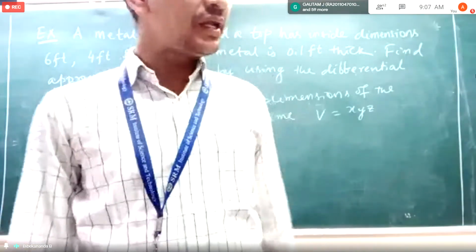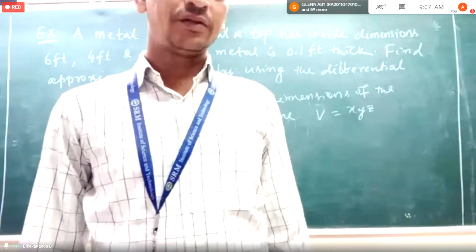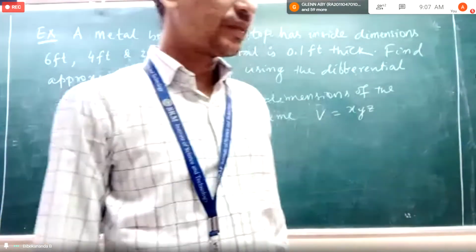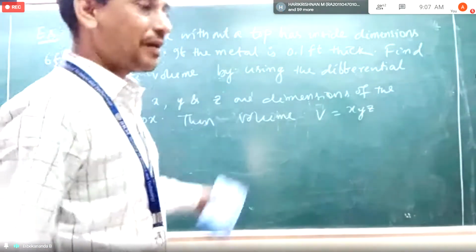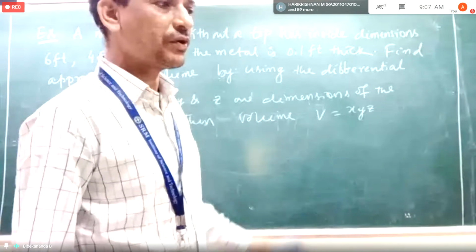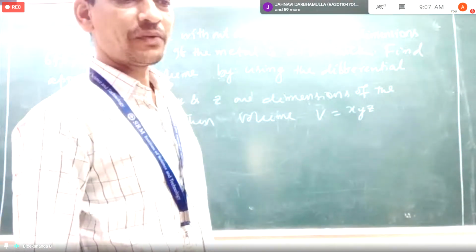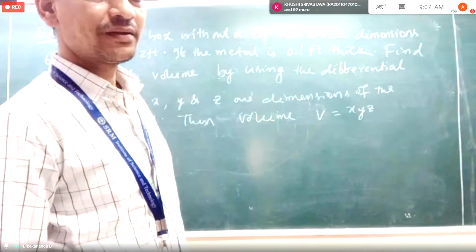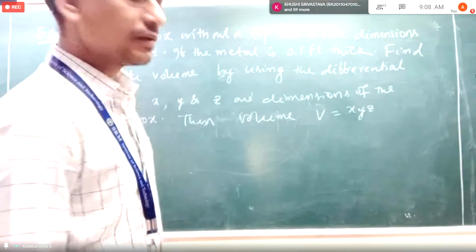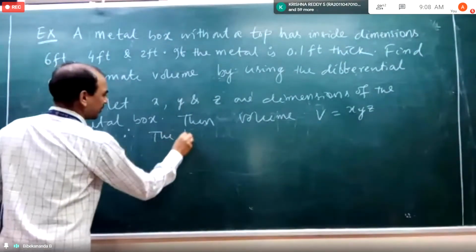So how many independent variables are there? Three. What are they? x, y, and z. Now, can you find the total differential for V?